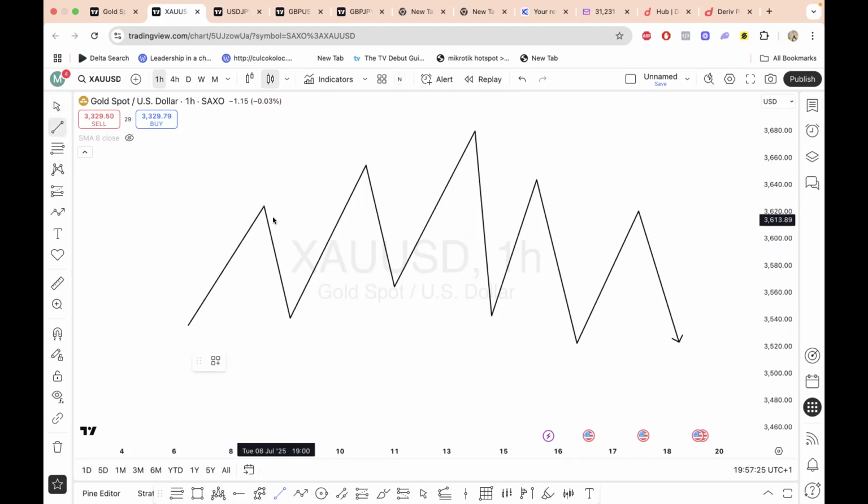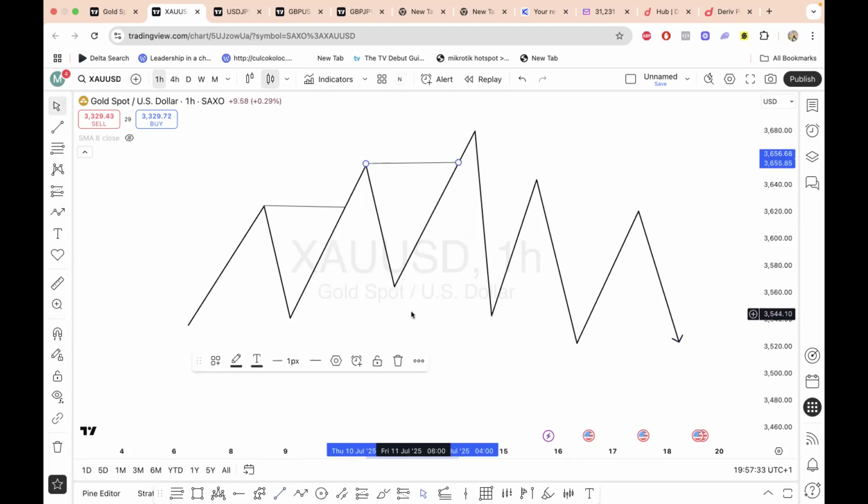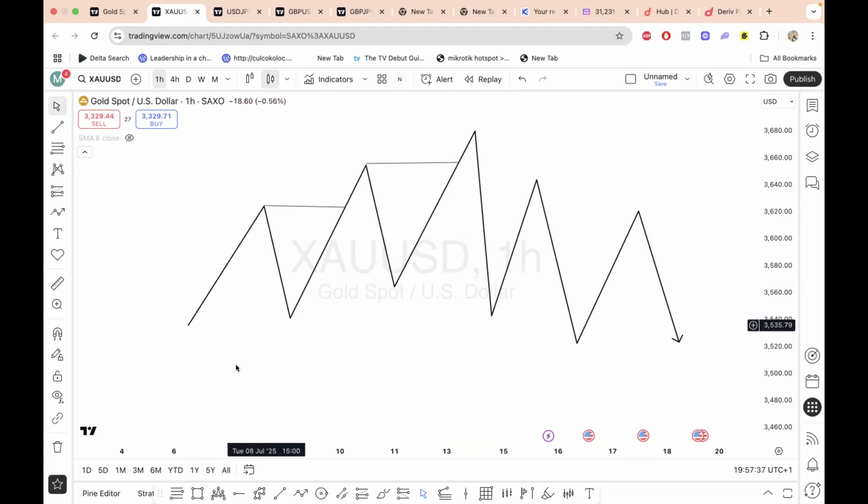When it was going up, it was giving us higher highs and higher lows. And remember, we are buying on supports.